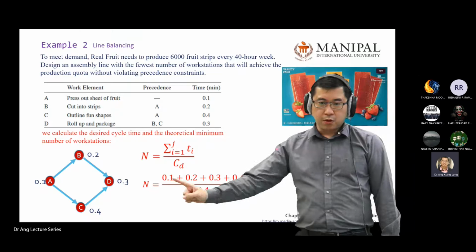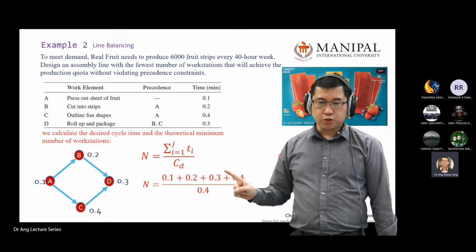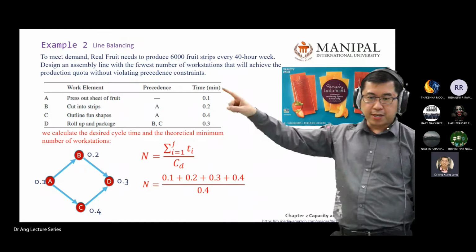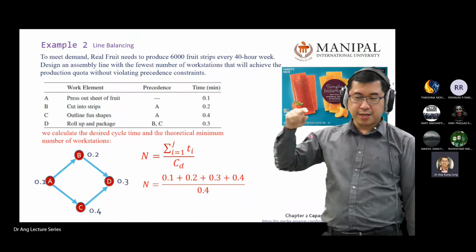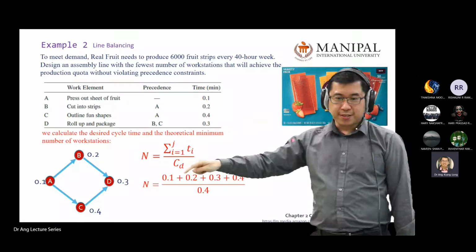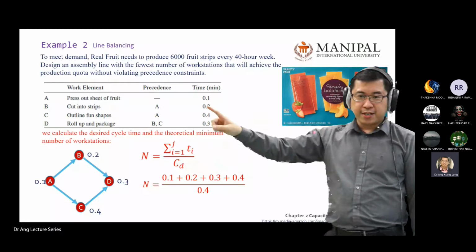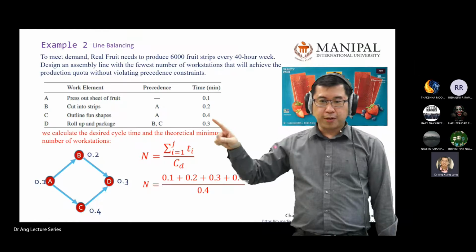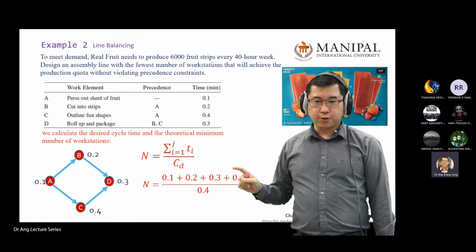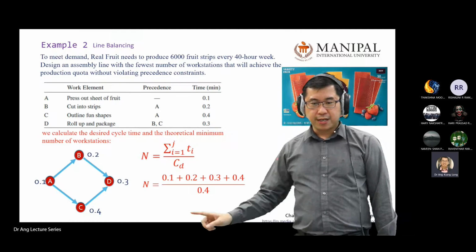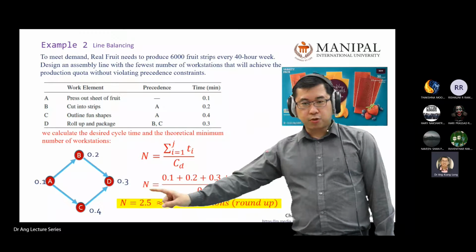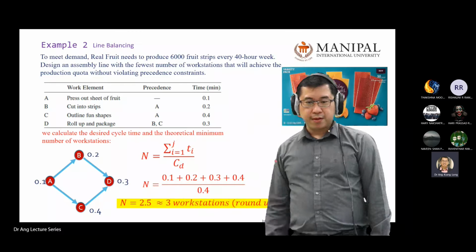So 0.1 plus 0.2 plus 0.3 plus 0.4. In your answer you can write 0.1 plus 0.2 plus 0.4 plus 0.3, something like that. Okay, divided, use your calculator to find the number of stations. It comes up to be 2.5.